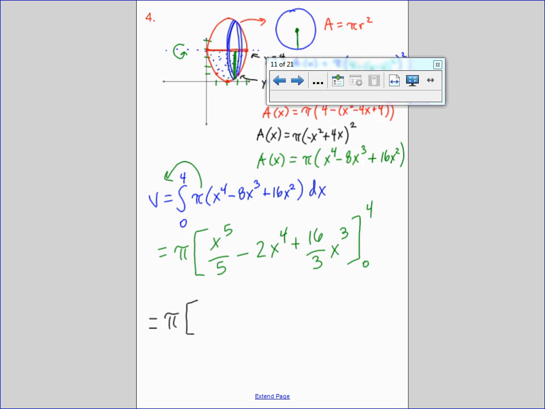And here we go. 4 all the way through. Oh gosh, 4 to the 5th, are you serious? 1024? Thank you, Adam. 512.